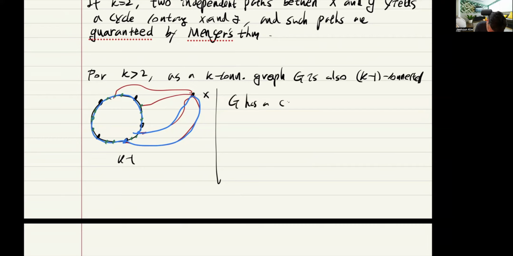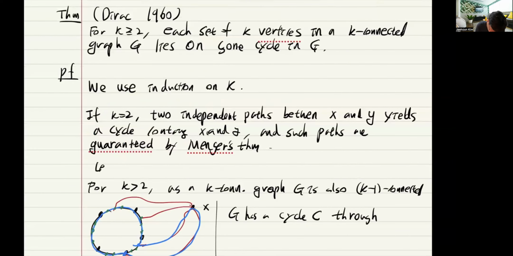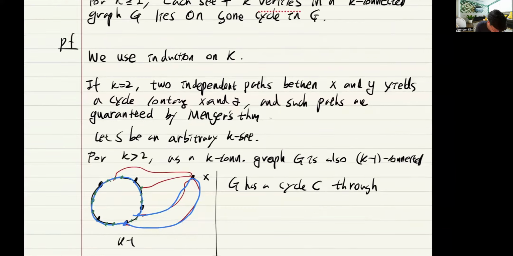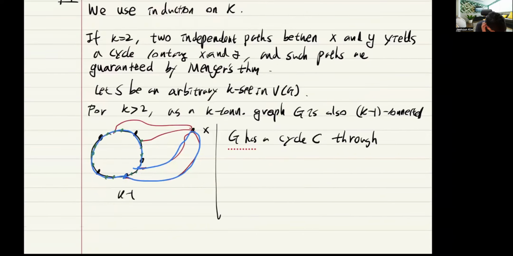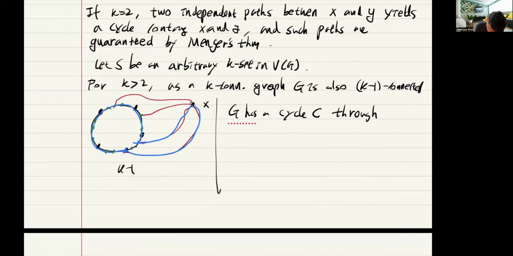G has a cycle C through S minus x, where S is an arbitrary set of size k, reaching the one vertex x.